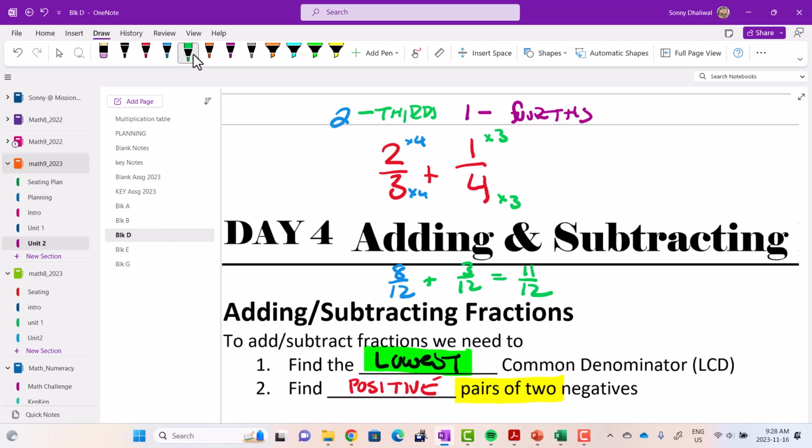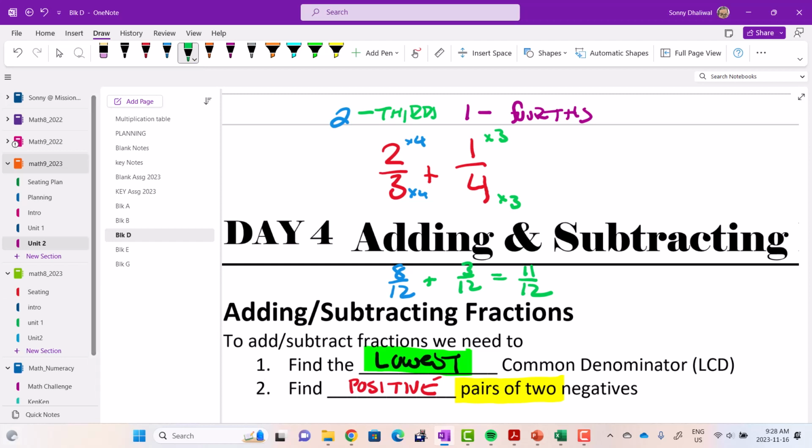Now, remember, if we multiply the top and the bottom by the same number, we did not change the value. Those are equivalent fractions. We just changed how it looks so we can execute some math. So 2/3 and 8 over 12 is the exact same number, right?